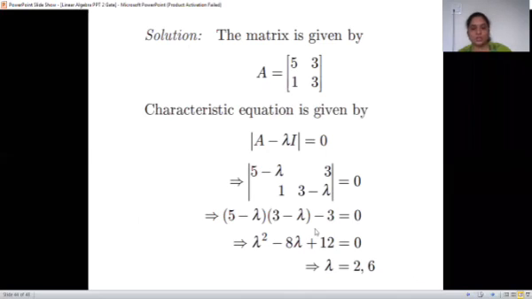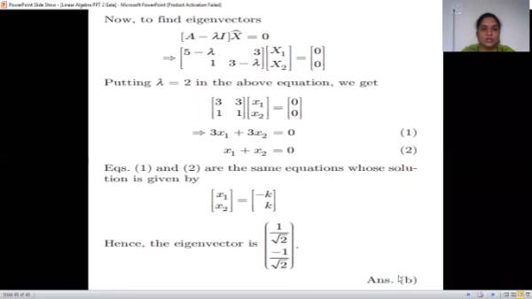Okay, solving this equation, we get lambda square minus 8 lambda plus 15 minus 3, that is 12, equal to 0. So 12 is 6 into 2, so minus 6 minus 2, that will give you 2 and 6. So lambda is 2 and 6. And to find the eigenvector, we know (A minus lambda I) x bar is equal to 0.